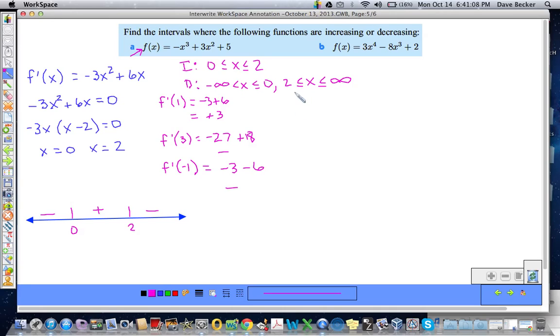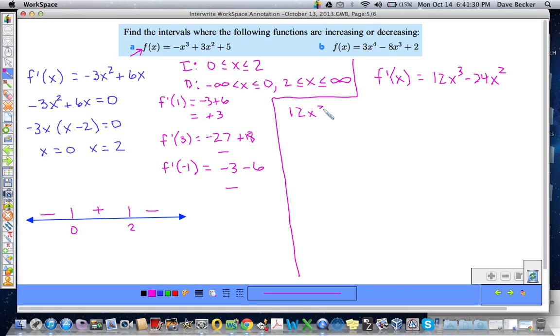3x to the 4th. Let's get this out of the way. Give us some working room. Minus 8x cubed plus 2. So we're going to take the derivative, and that is equal to 12x cubed minus 24x squared. To find my critical points, I'm going to set the derivative equal to 0 and solve, and then I'll do my test.